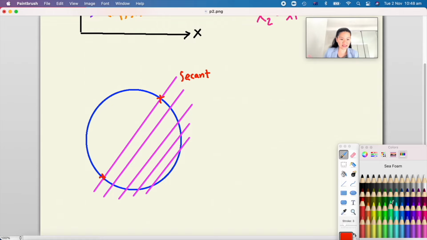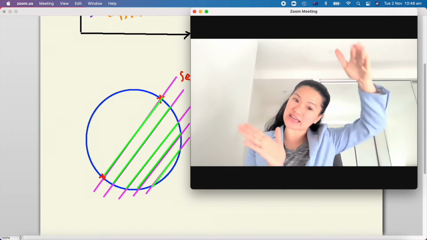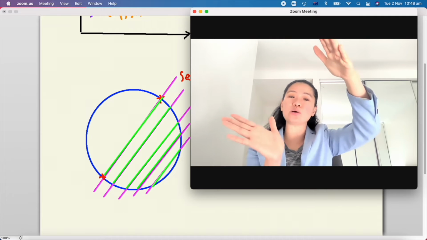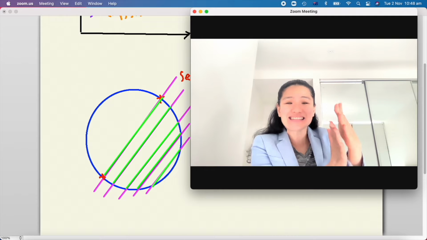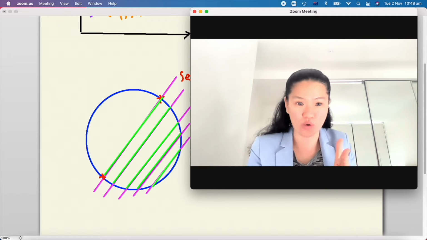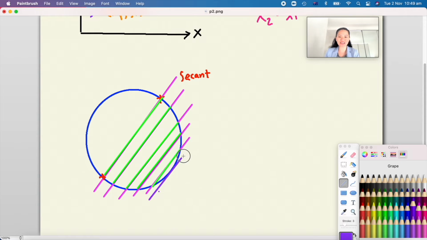Can you see the distance here, the secant distance? Can you see the green color? It looks smaller until it approaches zero, until I touch it and have just one dot.